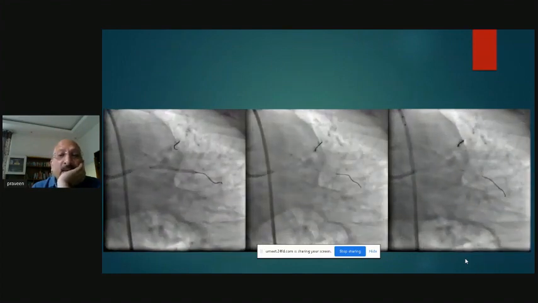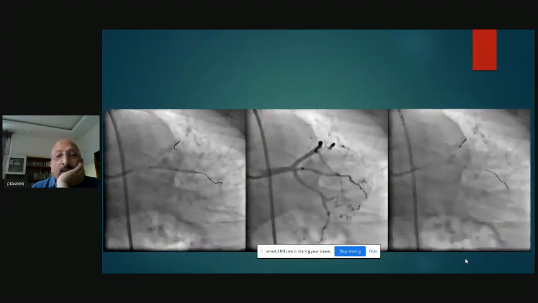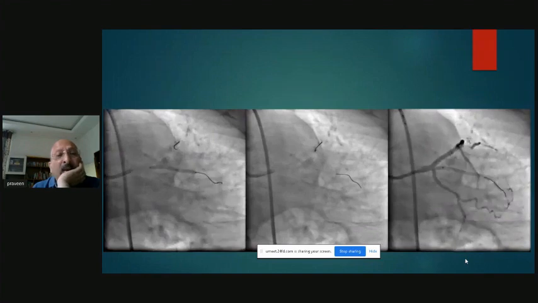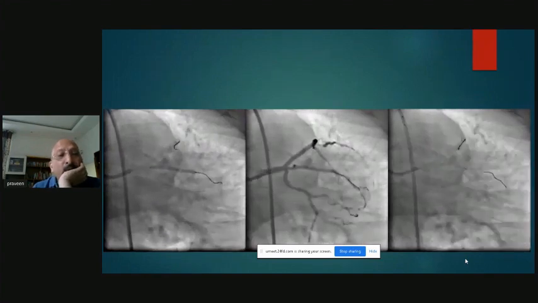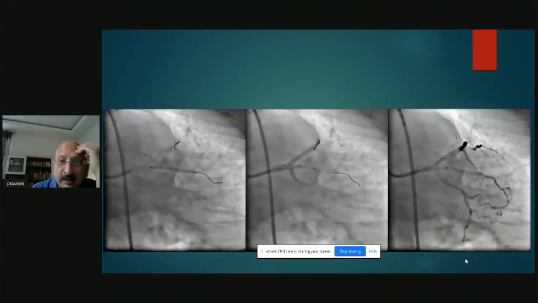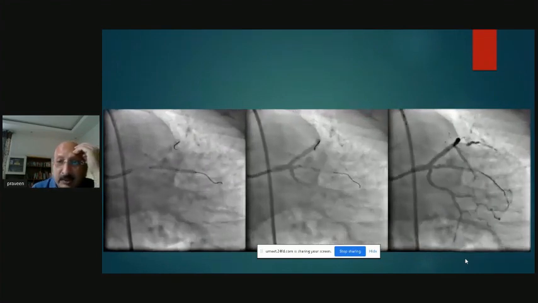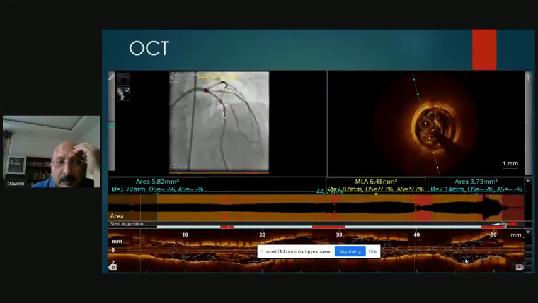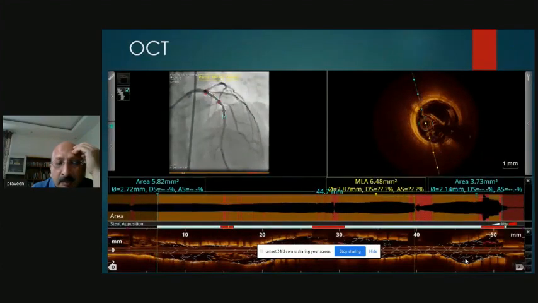So this is a provisional wire and then a stent into the two bifurcations. One, the LAD diagonal, and the second is the LAD ramus bifurcation with the distal plaque into the left main.